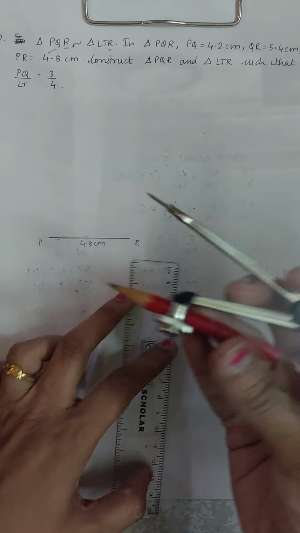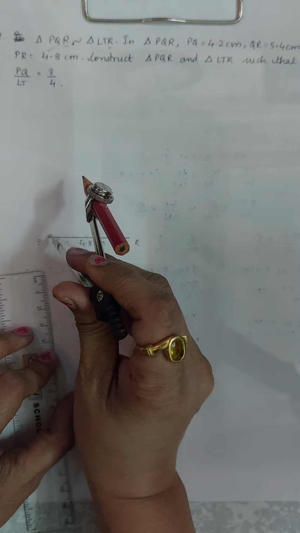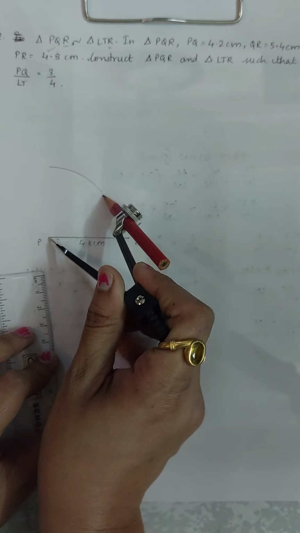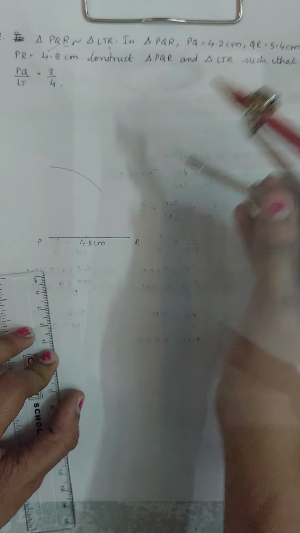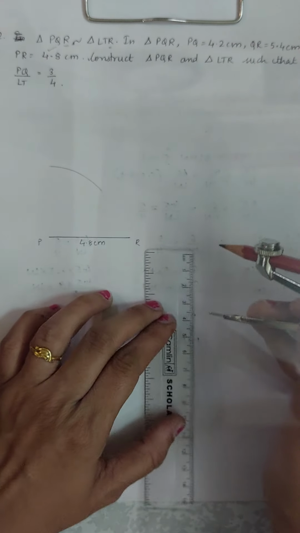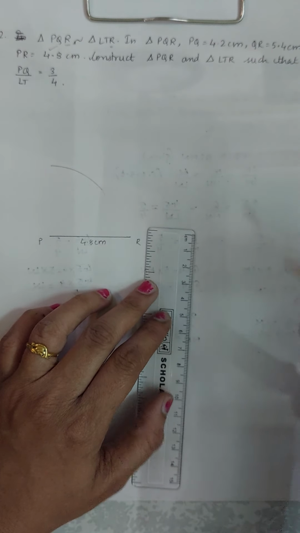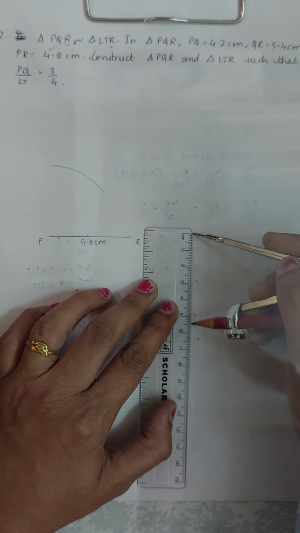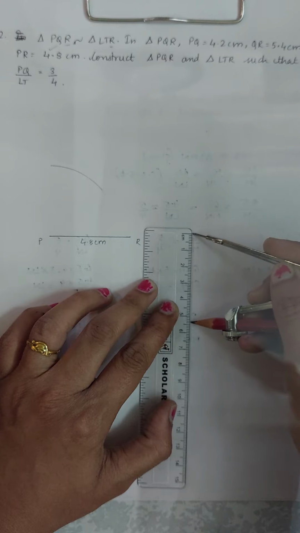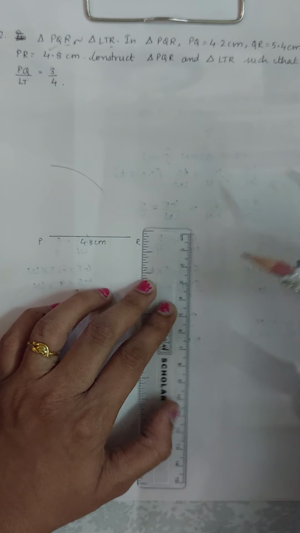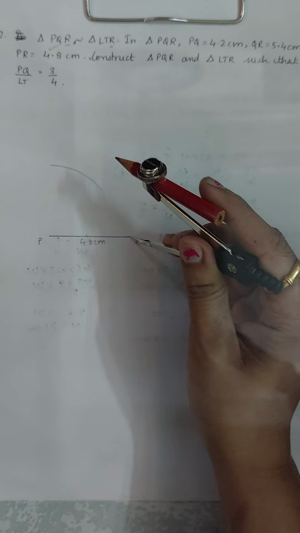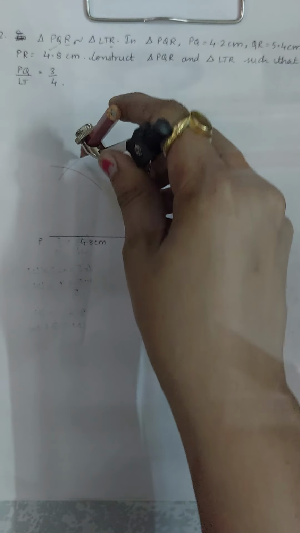So 4.2, I'm going to keep it here, and PQ is going to be 4.2. Similarly, I have QR. So QR is going to be 5.4. So I'm going to place this here, 5.4. So if I'm keeping this here, I'll get this vertex of 5.4.